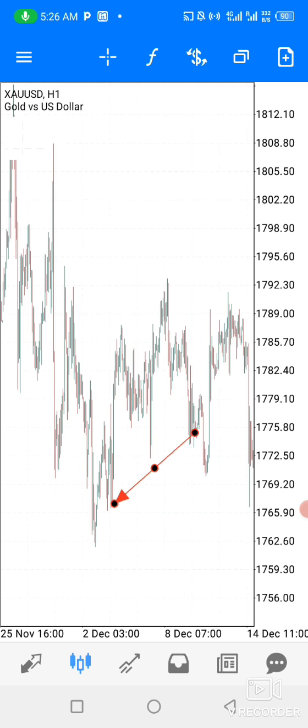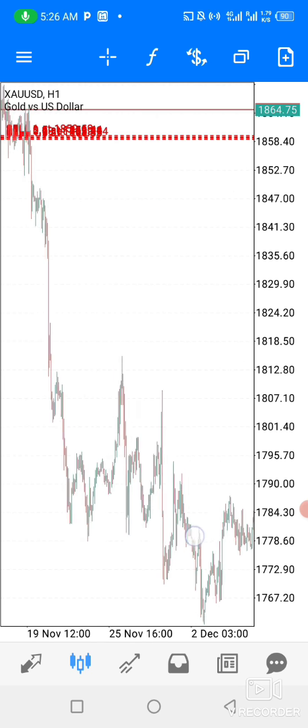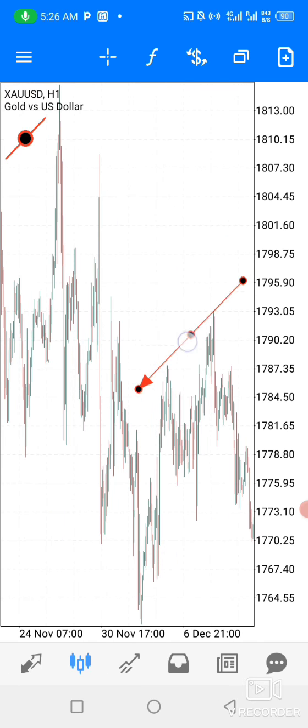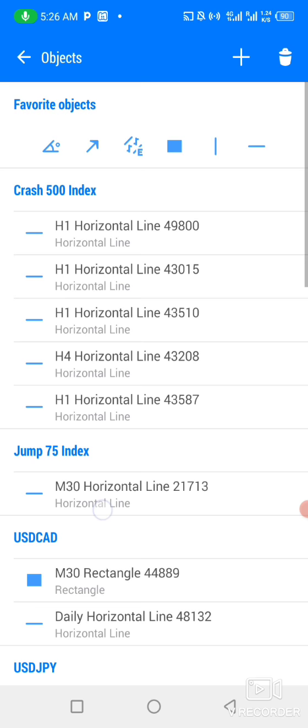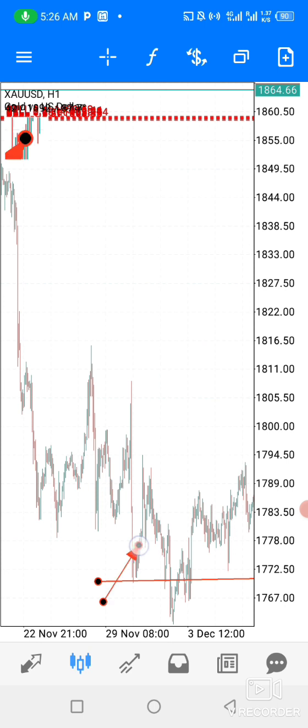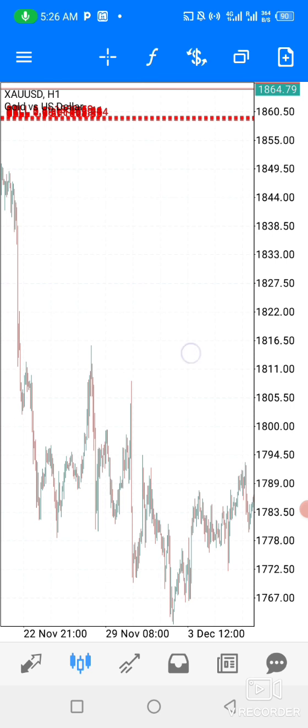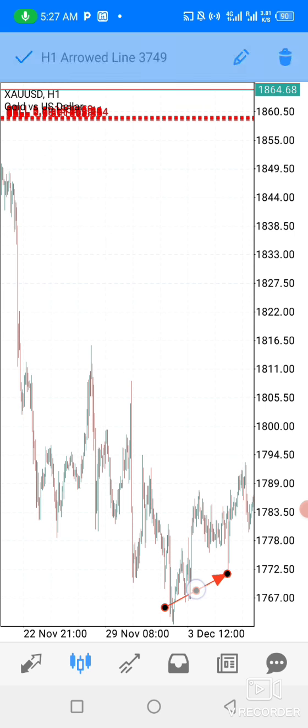So what you need to do is push this thing towards the right to get the truth, and then wait for a nearby potential to happen again, like this one. Yeah, this one. So you can enter here and buy.